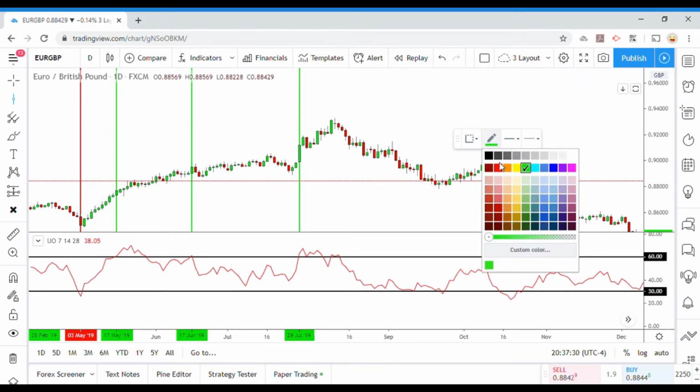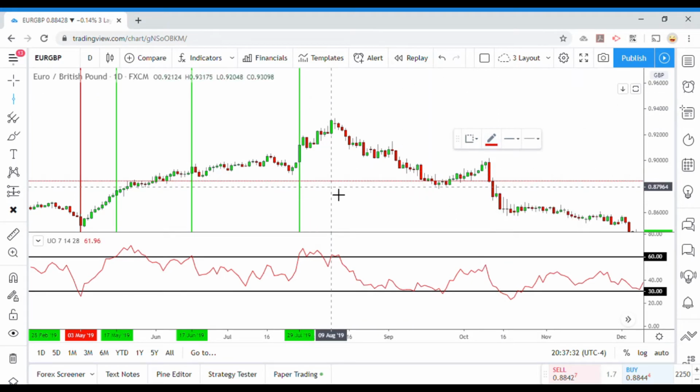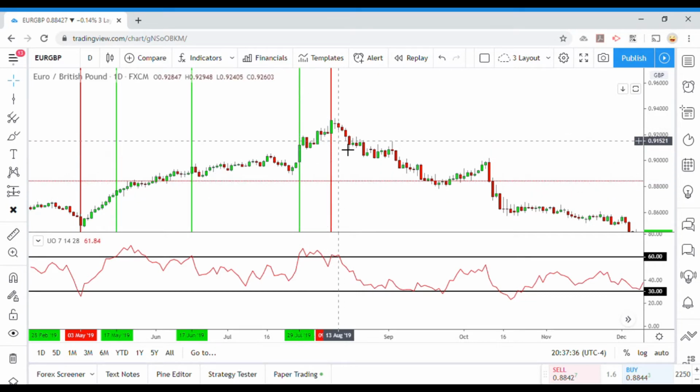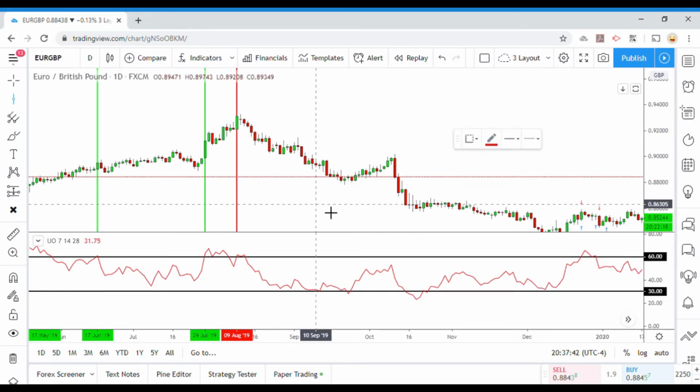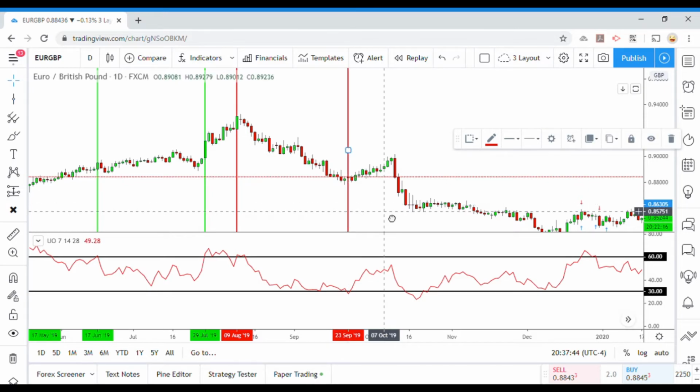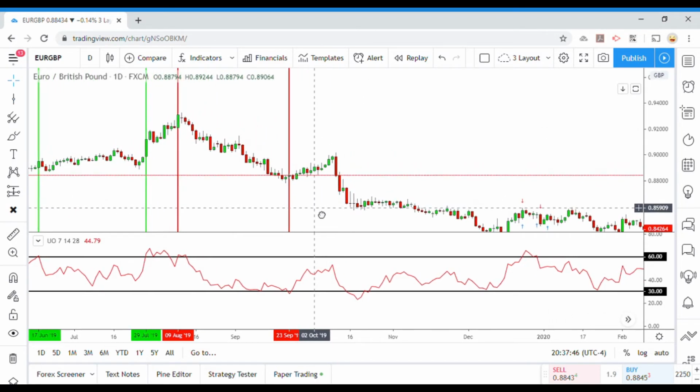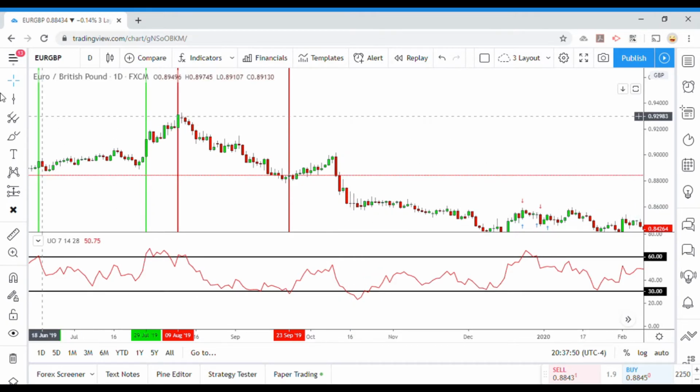But let's say I wasn't in the trade and I was doing something else and missed this trade. That one would have been a loser. Now let's go down here. That one definitely would have been a loser. How about these guys here?